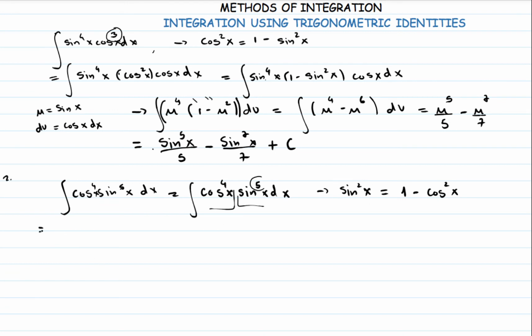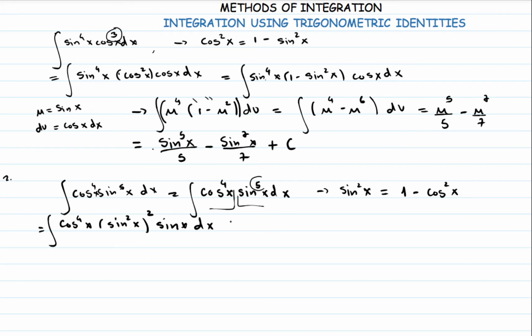So this is going to be the integral of cos raised to 4 of x into sine square of x. We managed to put it already here, but this is raised to 5, so if you put here raised to 2, this and this is going to become 4, so we need one more sine of x outside.